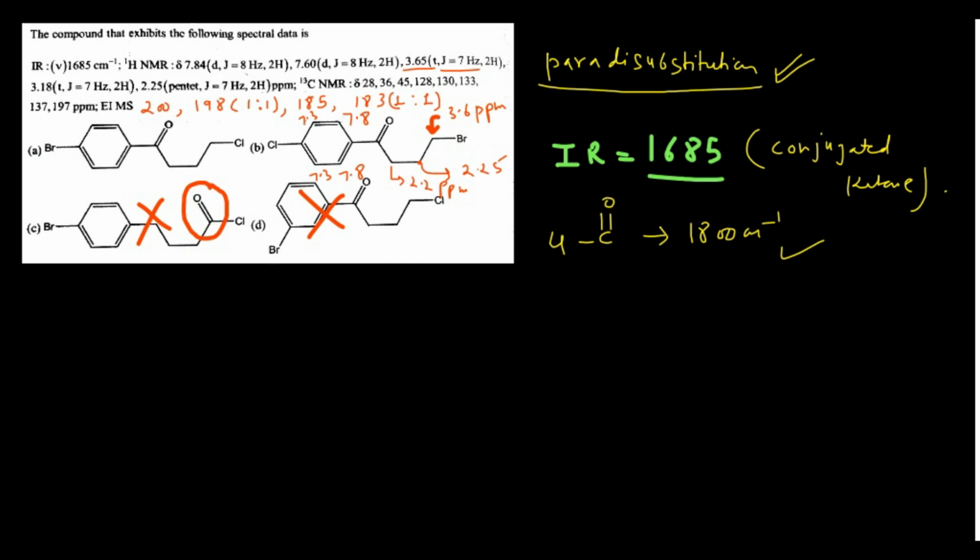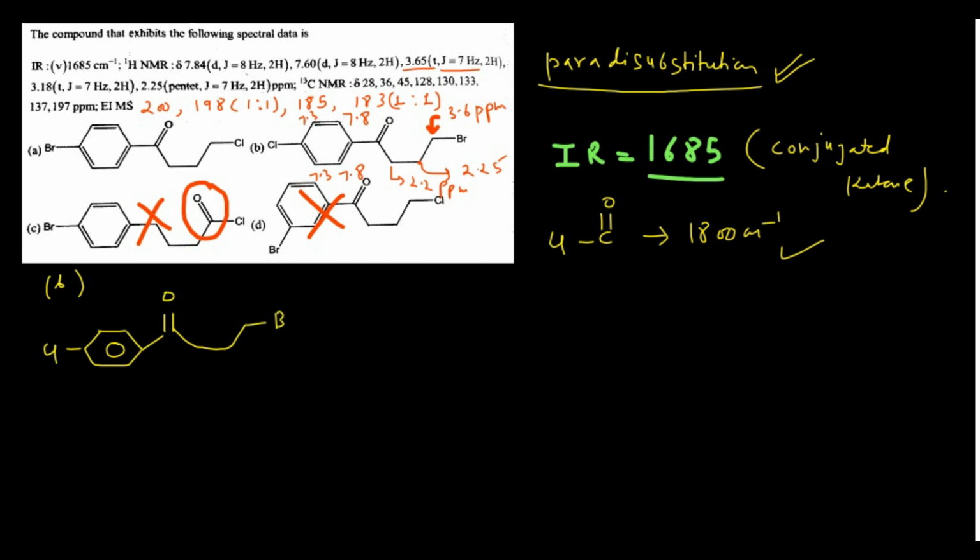We can straightaway go for their mass spectral fragmentation pattern. So first of all, I am doing it for the first option, option B, right? I can write option B here, and I can put my chlorine here, and these electron rings are there, and just like that I can write this.